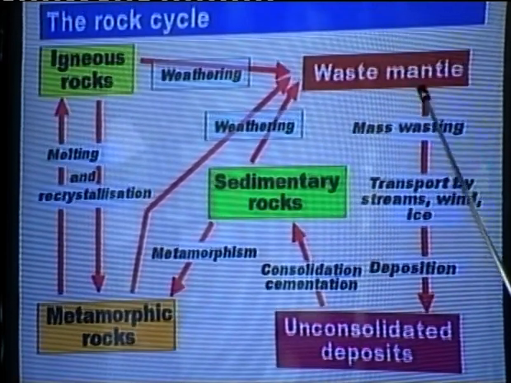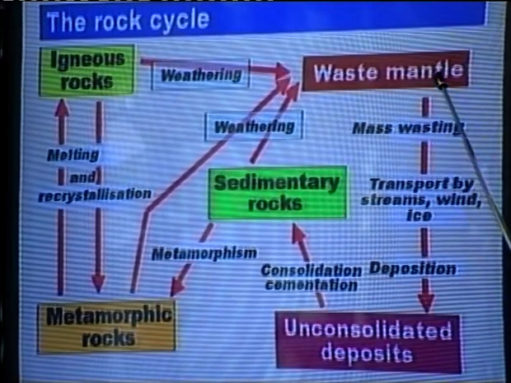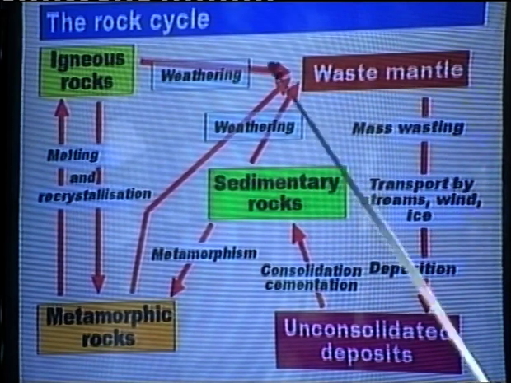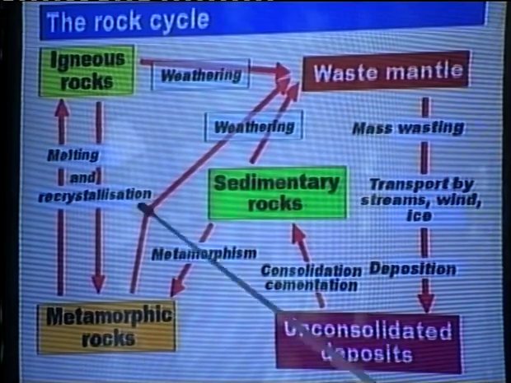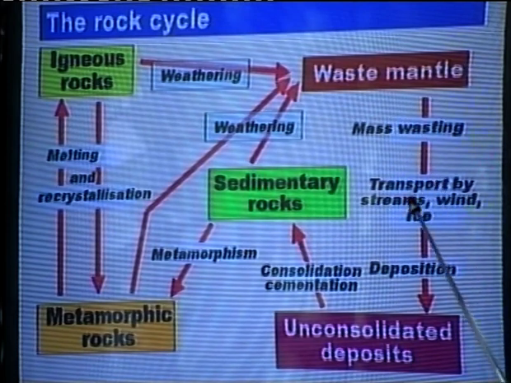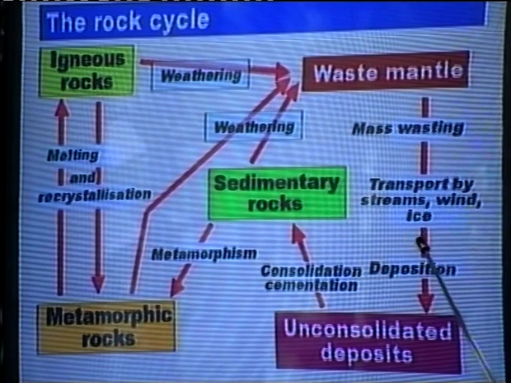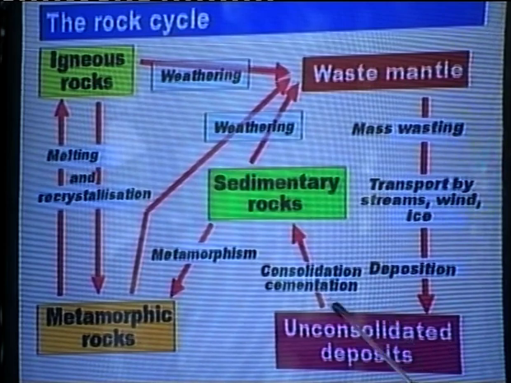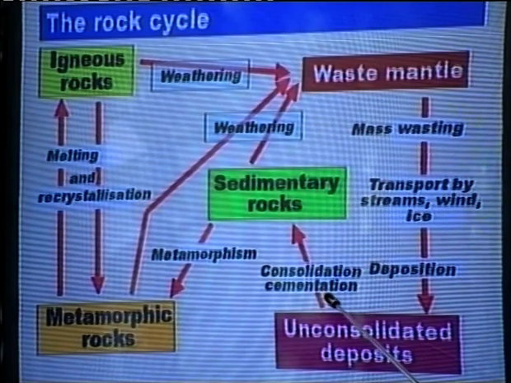And in mass wasting, or mass movement, as stated here, those weathered materials from either sedimentary, metamorphic, or igneous rocks are transported. And upon transportation, they get to be deposited. And when they are deposited, that's when we have the consolidating of those grains or sediments. They go through the process of consolidation and cementation, which is lithification.